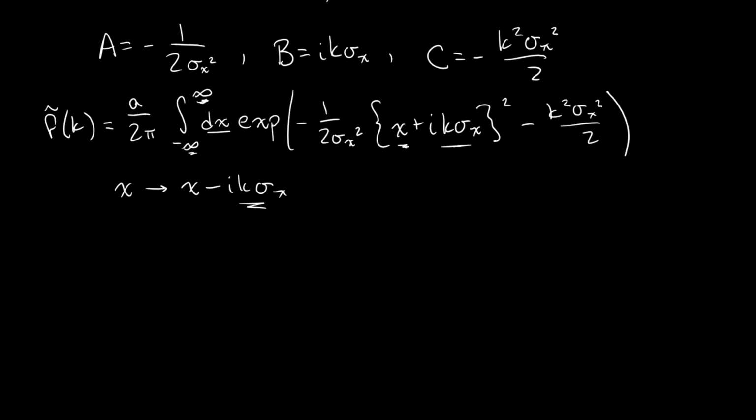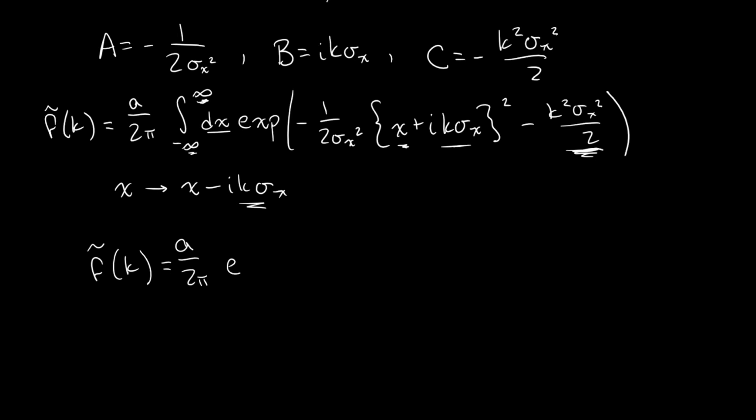But so I'm just going to make this shift, right? And the only effect that it's going to have is it's going to take this x plus ik sigma to just x. So I get something which looks like this, over 2 pi. And since this has absolutely no factors of x in it, I can just pull it out of the integral altogether.